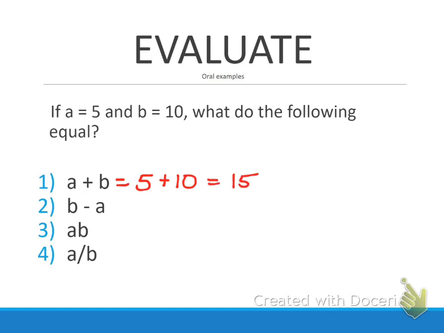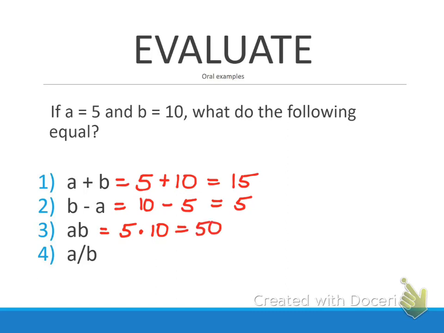Okay, let's do the next one. We have B minus A. B is? 10. A is? 5. 10 minus 5 is? 5. How about AB? What does that mean? A times B. So it means 5 times 10. Wait till I ask. 5 times 10 gives us?